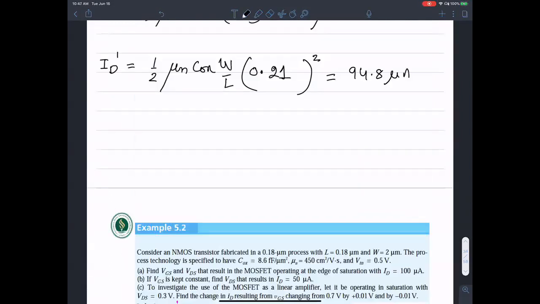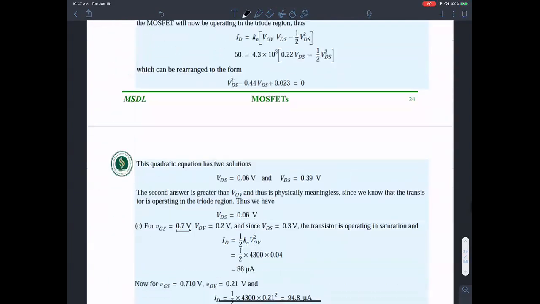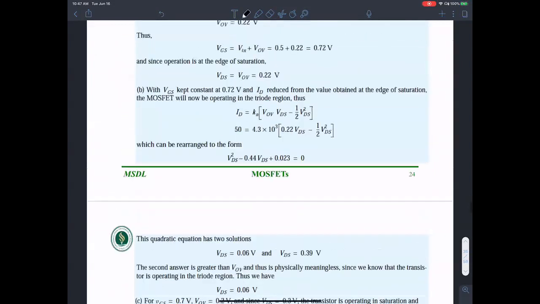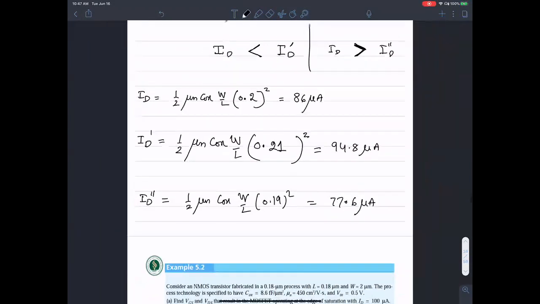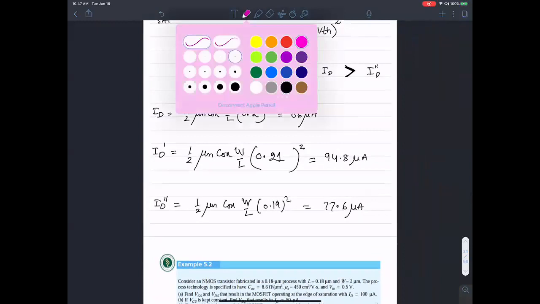ID prime is 94.8 microamperes. And ID double prime is going to be 1/2 mu n C oxide W over L, VGS minus VTH, the whole squared. So this is going to be 0.19 squared, 77.6 microamperes. And that's in fact what we expected to see, right?